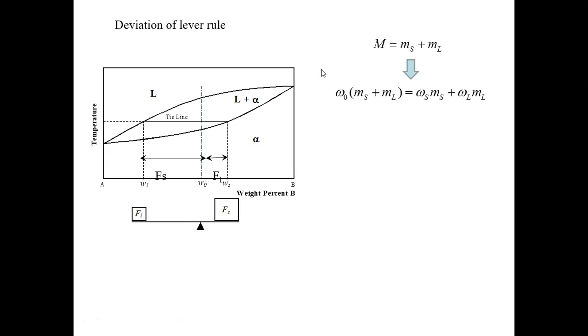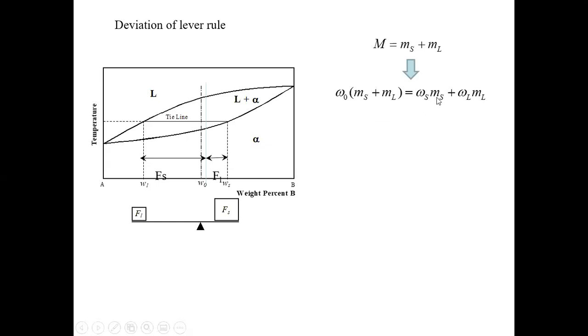It is the total mass of solid and liquid phases, or the total mass of the initial liquid state. So omega naught times the mass of the initial system gives you the total amount of B atoms in the system, or silicon if you want to be more concrete. Does that make sense? So this is the total amount of silicon, or B atoms, before transformation.